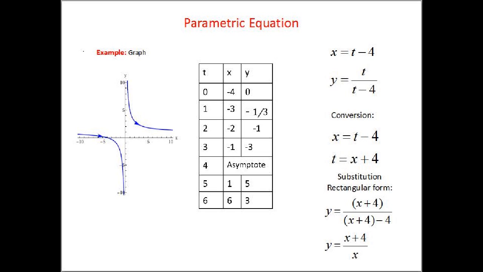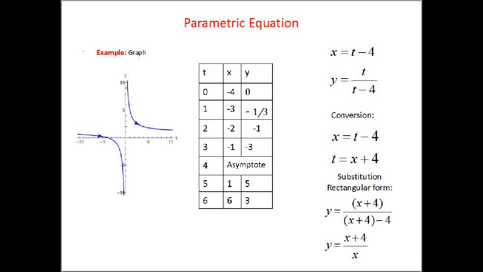For graphing the equation, we go back to the parametric equations, and we find in the y equation, when t is equal to 4, y is equal to 4 over 0, and since that cannot be true, t cannot be 4, and that is our asymptote for the x and y equations.